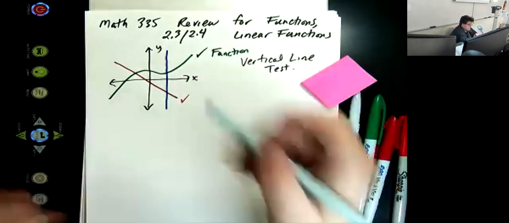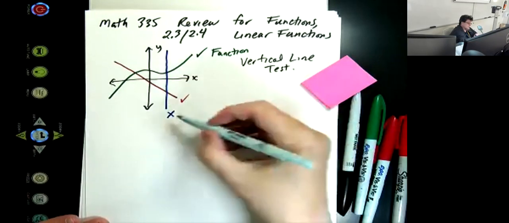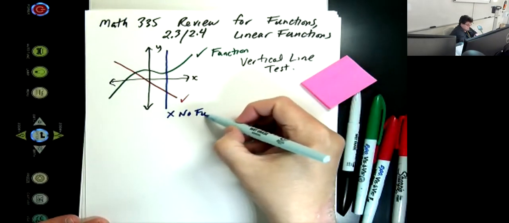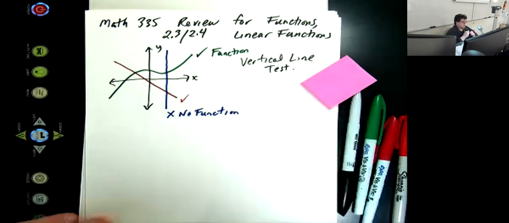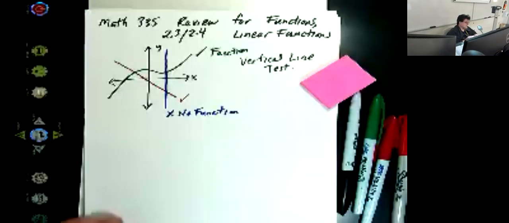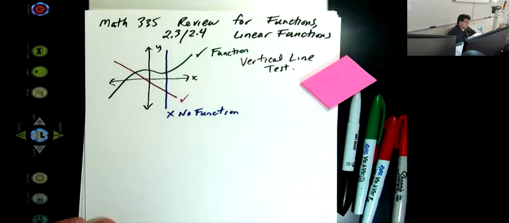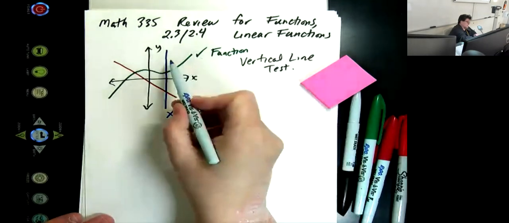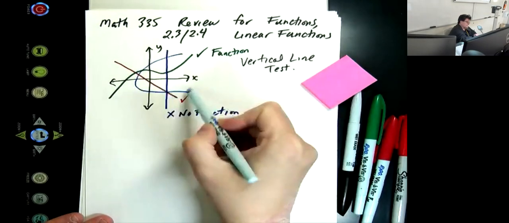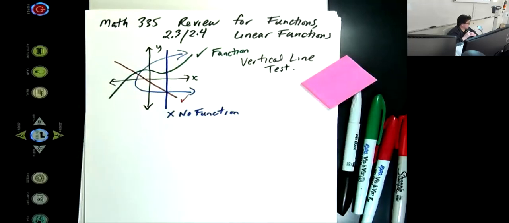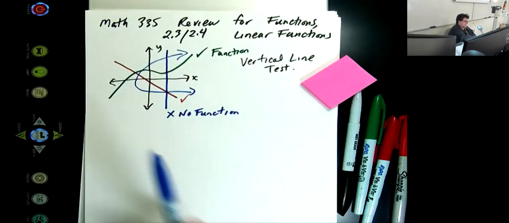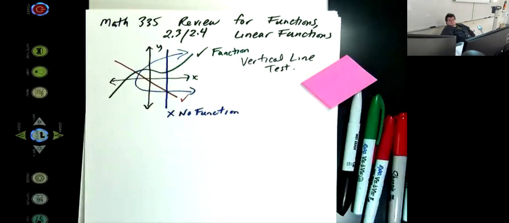So the blue line is a fail, no function. Another one that would fail would be something like that, a parabola that opens sideways. It would not pass the vertical line test either.